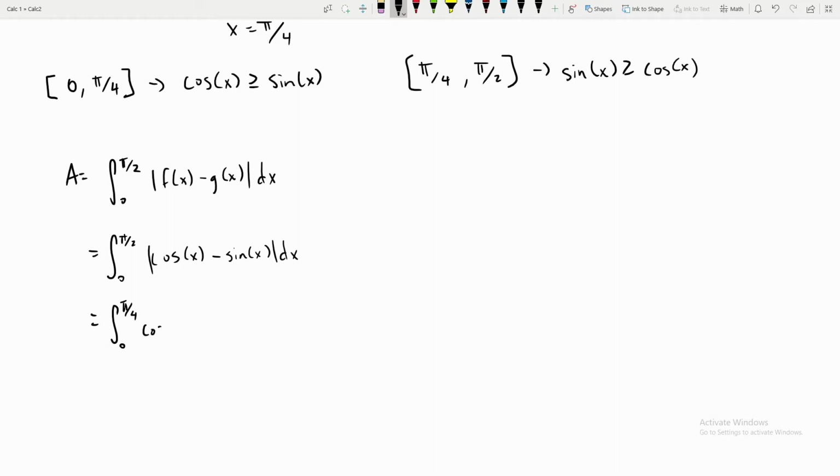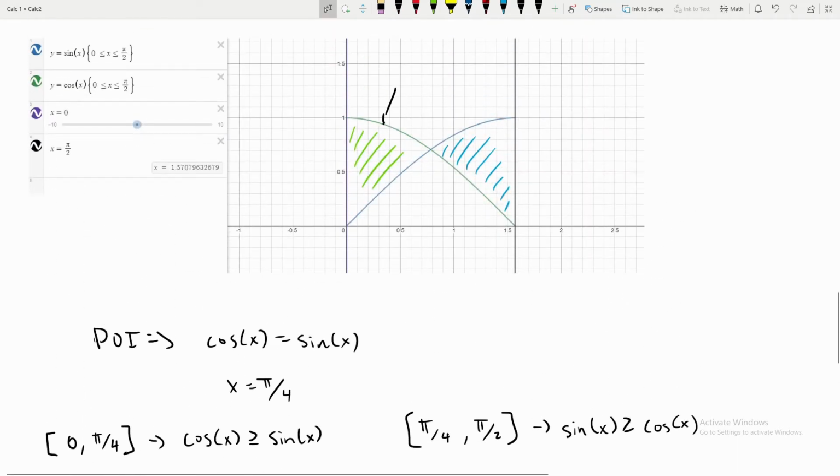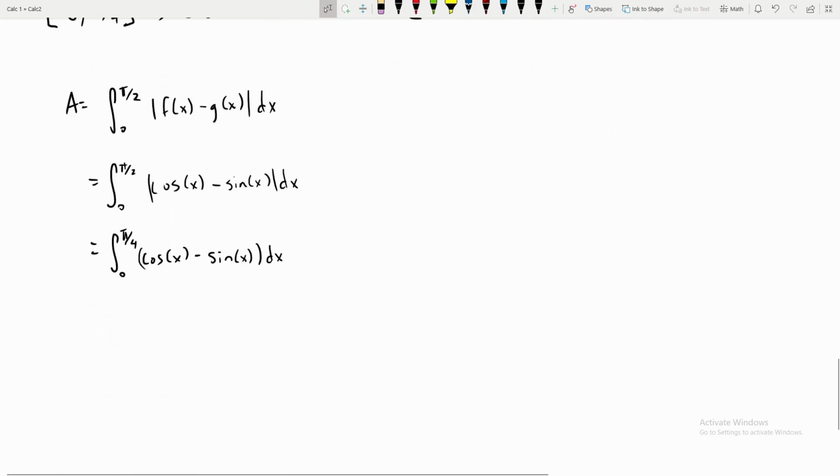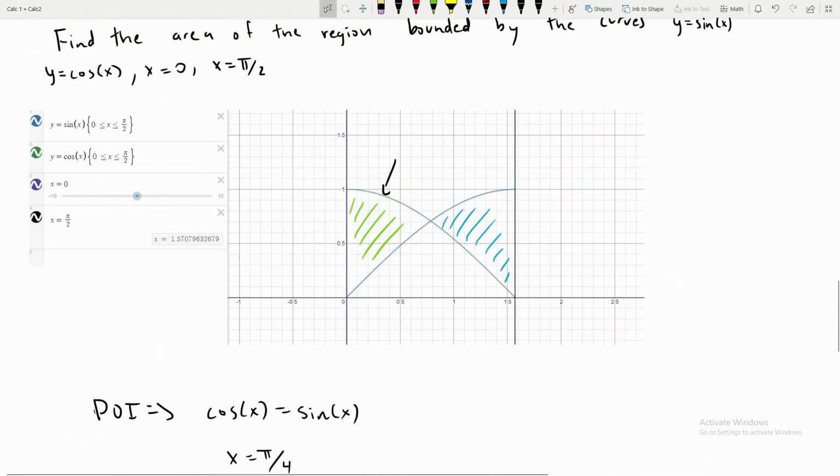So on the first interval we get rid of the absolute value, and this integral alone computes the area on this interval. Now we need to add the second area, which spans from pi over 4 to pi over 2. However, sine of x is larger than cosine of x there, so that is how we calculate this integral, and that gives us this area right here.